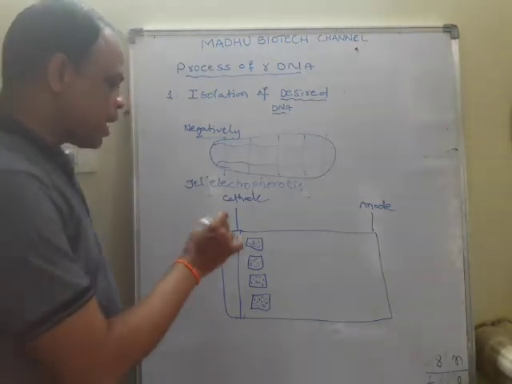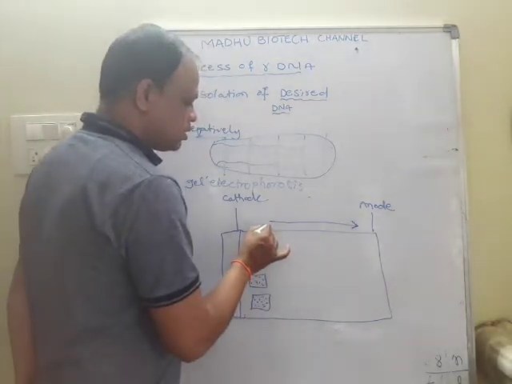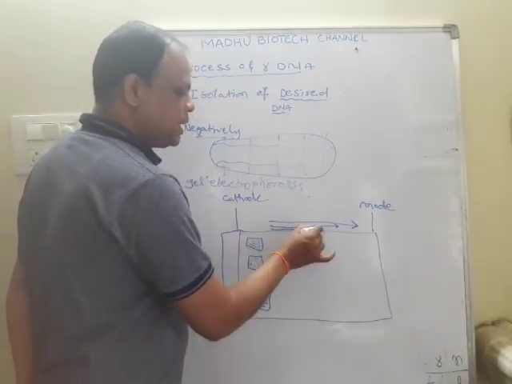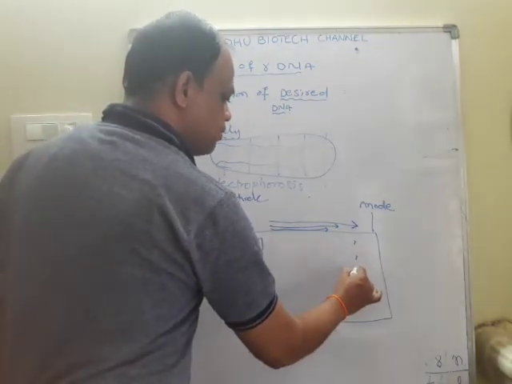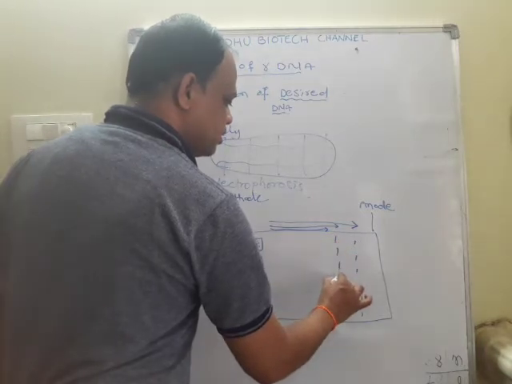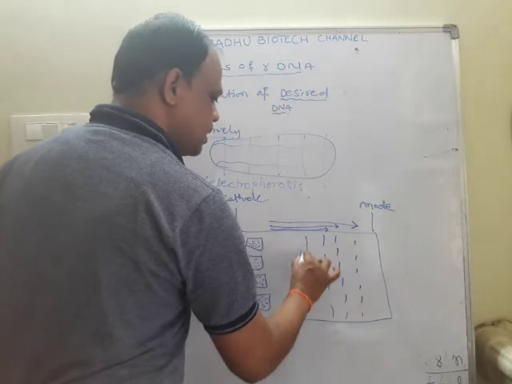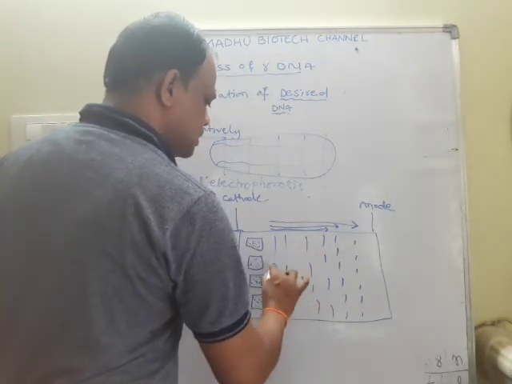The small fragments move very fast, the large ones slowly. The small fragments move to this side and the next sizes follow, and based on the size the DNA particles move to these places.